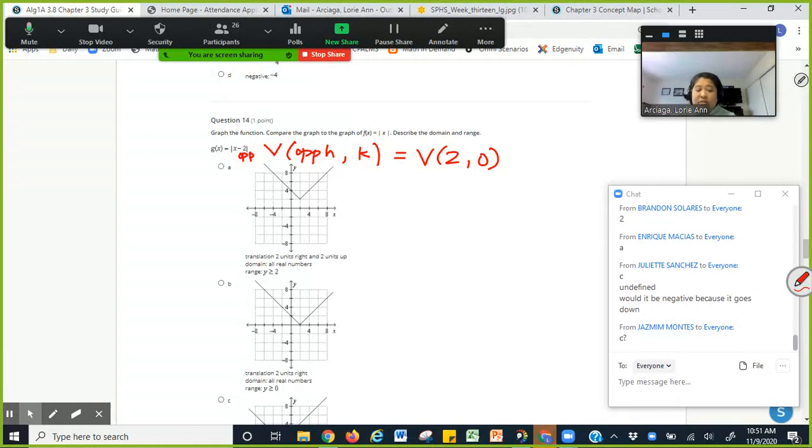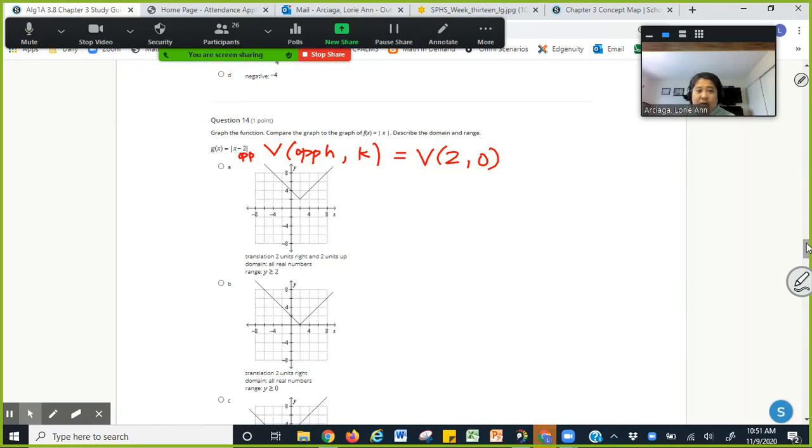So once you know the vertex, you can find the correct graph. Where is the correct graph over here? The numbers here are going by 2. See? 2, 4, 6, 8. So your vertex here is 2. Okay, so this is the correct graph, letter B.